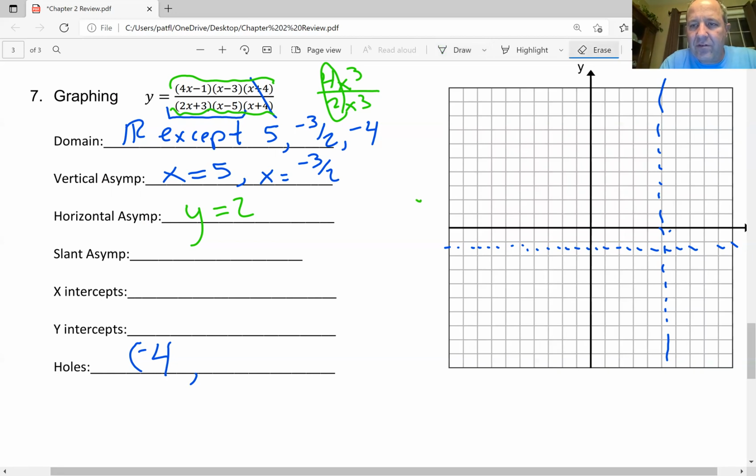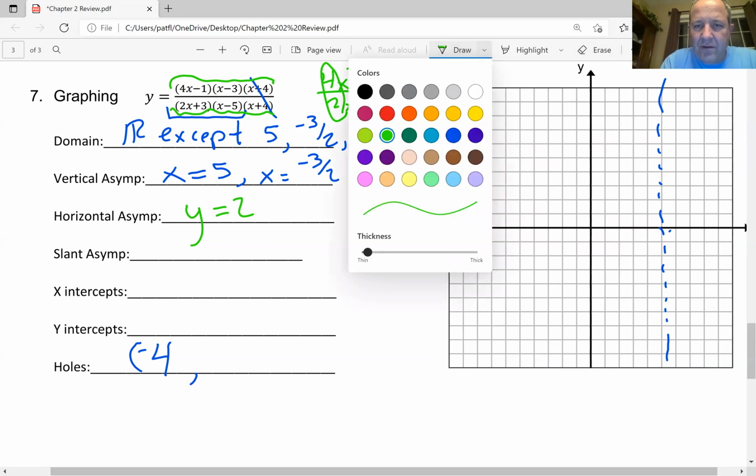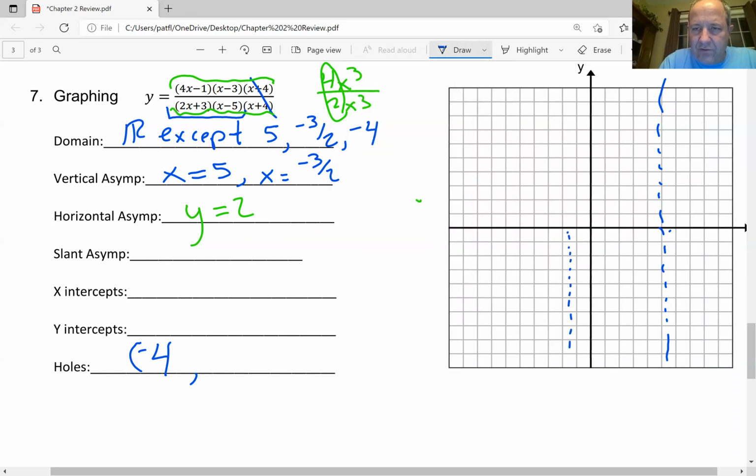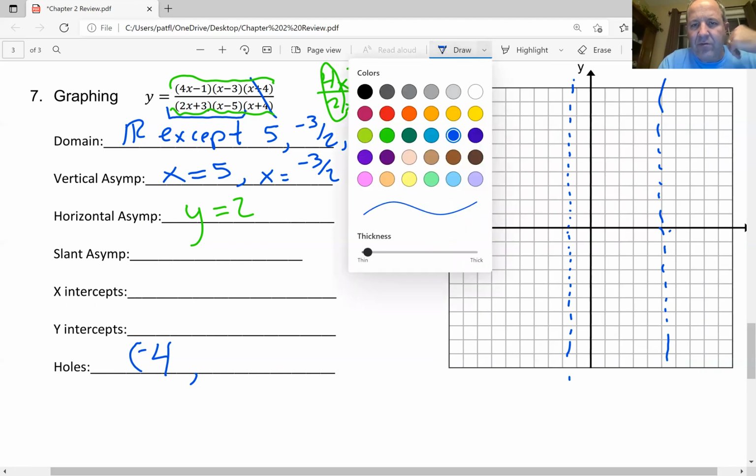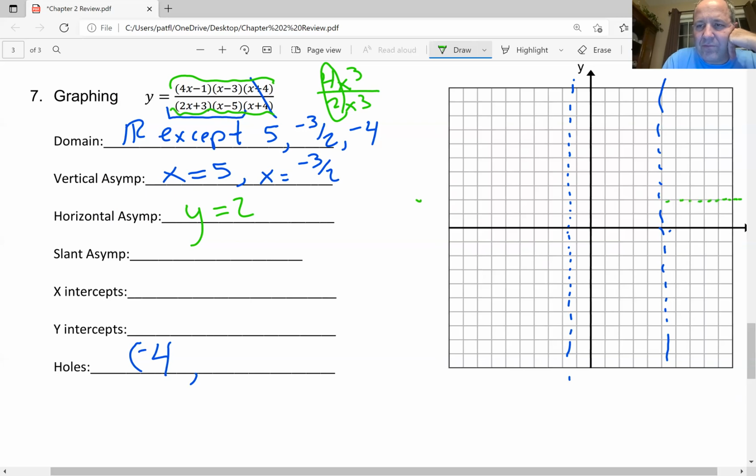Oops, just notice my mistake here. -1.5 would be our other vertical asymptote. We have a horizontal at y equals 2. There's no slant asymptote.